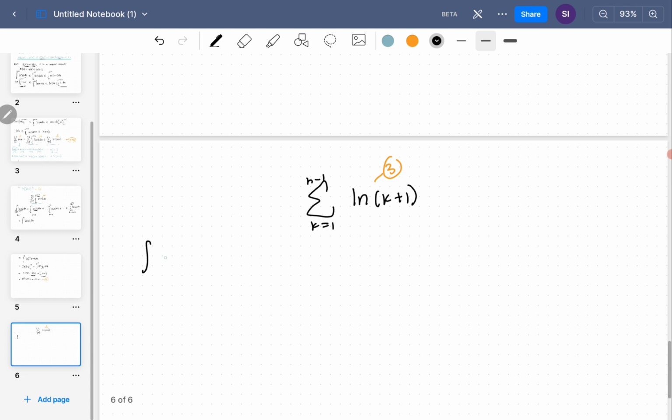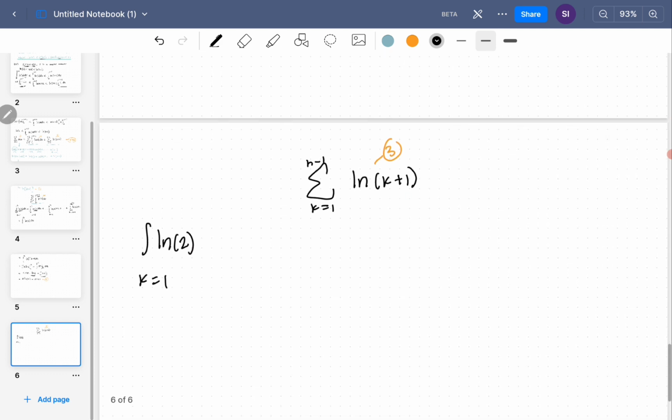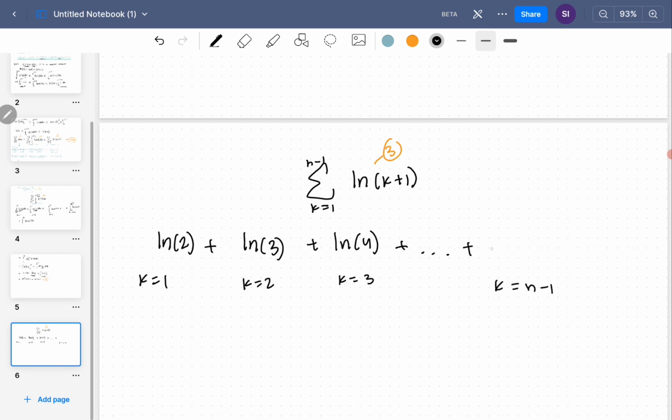So we get natural log of 2, because when k is 1, we get 1 plus 1, which is 2. Oh, there is no integral. Plus natural log of 3, when k equals 2. When k equals 3, we get natural log of 4. Dot, dot, dot, plus k is equal to n minus 1. Natural log of n minus 1 plus 1 is just n.